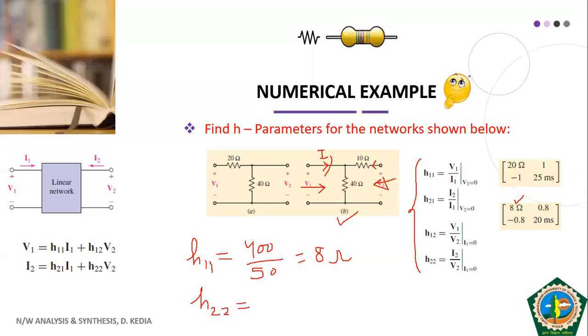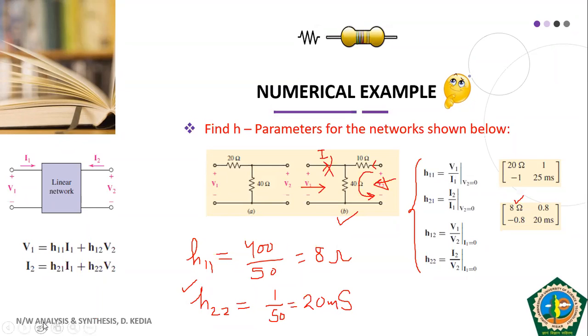It means no current here, so all the current is passing through this. That means the equivalent resistance is 10 plus 40, that is 50 ohms. So H22 will be 1 by 50. If you solve 1 by 50, you get 20 millisiemens, or milli ohm inverse. Very simple. So this is our H22.